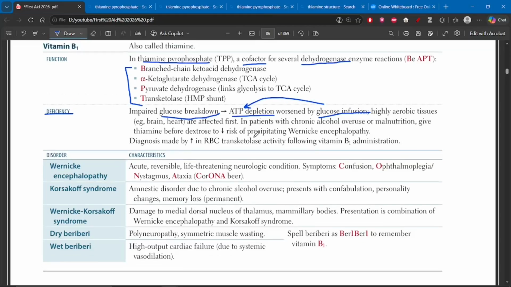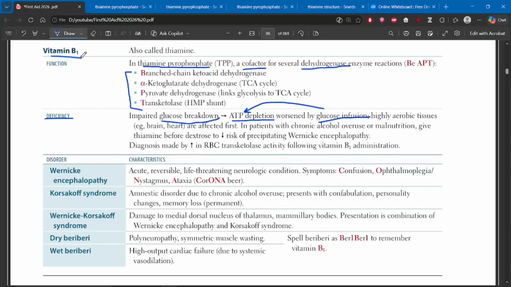But if you are deficient in vitamin B1, vitamin B1 is not going to participate in the TCA cycle. It's not going to participate in the middle pathway between glycolysis and the TCA cycle. It's not going to participate in BCAA metabolism. However, that's not a main part of providing energy to the body, but it's still a part of providing somewhat of energy.